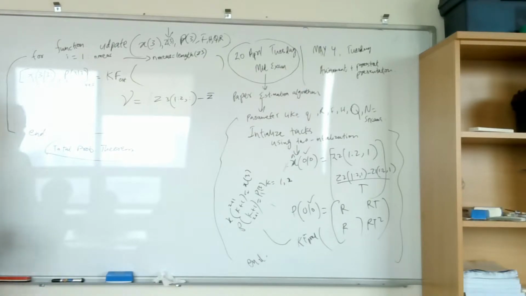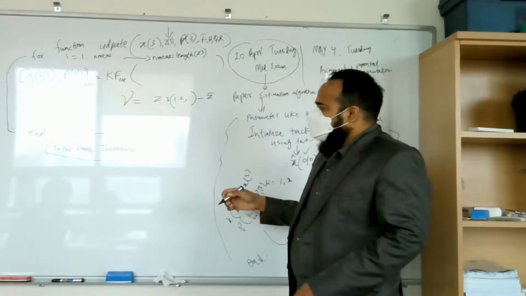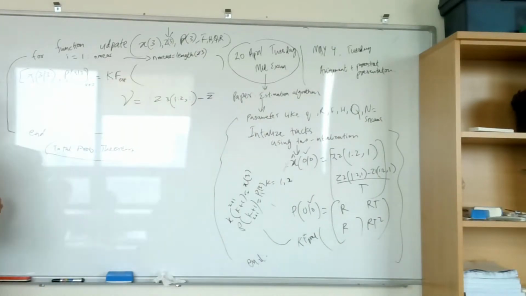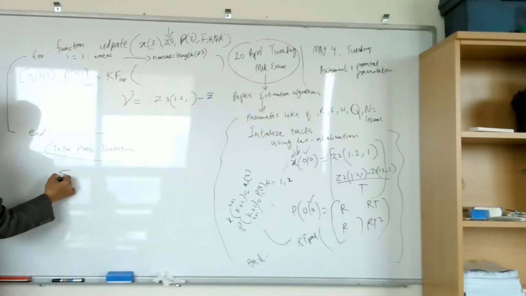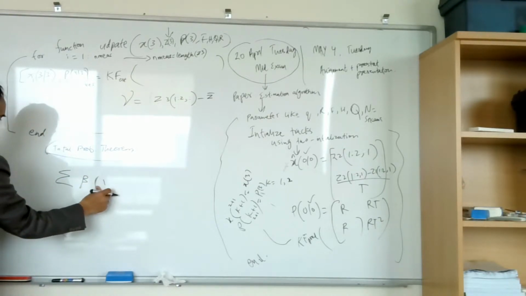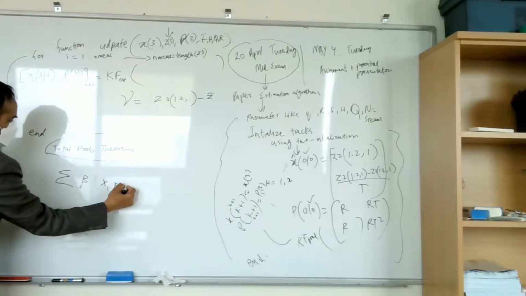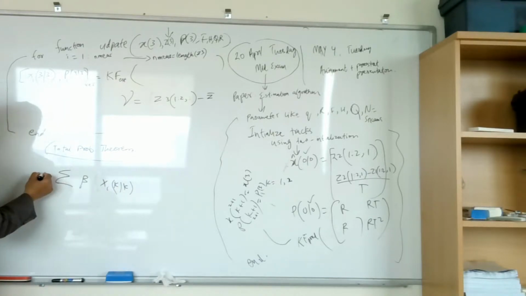You can go to the previous lecture or videos and in a book. So here it will give you the sum of beta i times x i k, conditioned on z k.